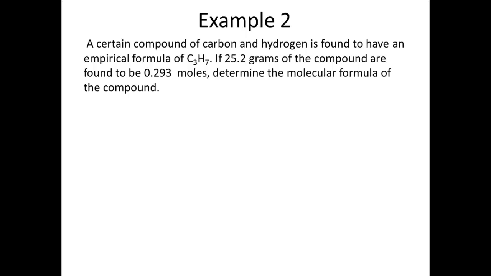In this case, we are not given the actual molar mass of the compound, but we are given enough information to calculate it. Molar mass is grams divided by moles, which is 25.2 grams divided by 0.293 moles, which gives us 86.0068259 grams per mole.